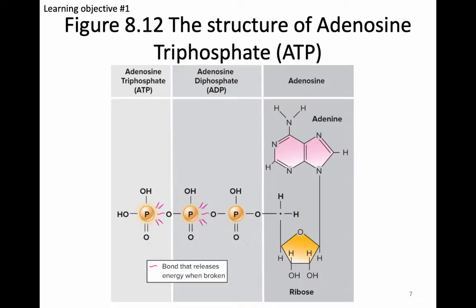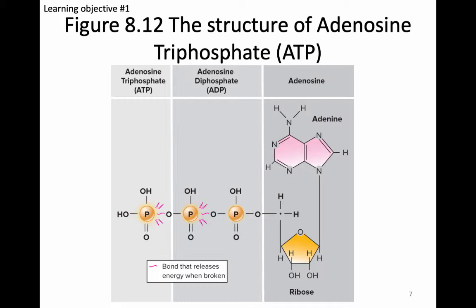So ATP, if we look at the structure of this molecule, is comprised of an adenine, which is the same nucleotide that is going to be present in DNA and RNA. It's made of a sugar called ribose, and then attached to the ribose are 3 phosphate groups. So that's the P surrounded by oxygens and hydrogens.